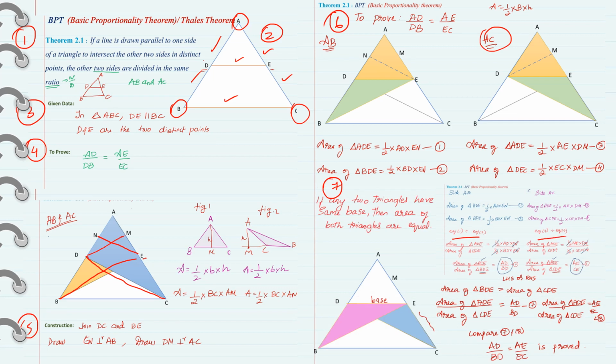After simplification, we have to prove that triangle BDE and triangle CDE are the same. How to prove? They both share the same base and they both are equal. Therefore, the ratio AD divided by BD is equal to AE by EC is proved. That is, BPT theorem is proved. That is the final step. So totally we have 8 steps.